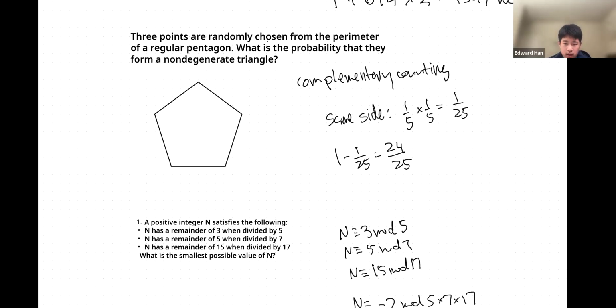And so next, all we have to do is to realize the minimum value of n is just simply 5 times 7 times 17 minus 2, which is equal to 593, and that is our answer. Is there any questions for this one?